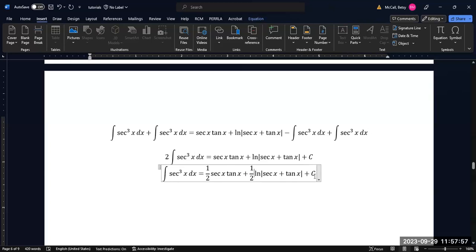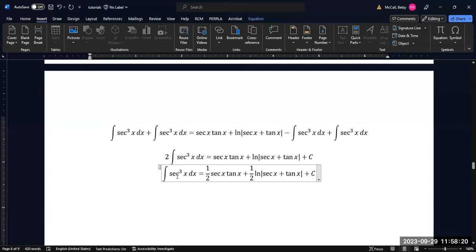An arbitrary constant divided by 2 is still an arbitrary constant, so you don't have to worry about that one. And so this is what our integral ends up being. Again, using those same ideas that we saw in the integration by parts problem, we end up with this integral that is really messy, but at least we were able to get it solved.